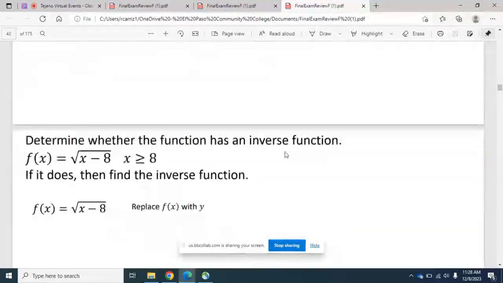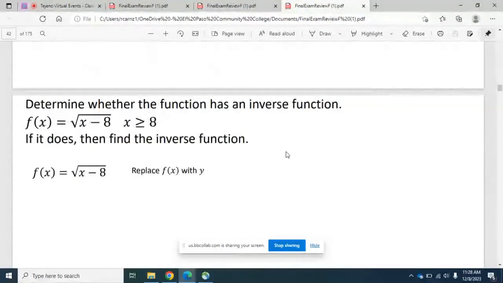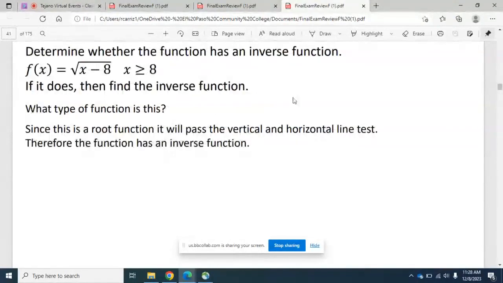So let's see, do I have a graph of it? No, I don't have a graph of it. But if you will recall, this graph got shifted 8 units to the right, and it's like half of a parabola, right? So it does pass my vertical and horizontal line test. But what if they asked us to determine what that inverse was?